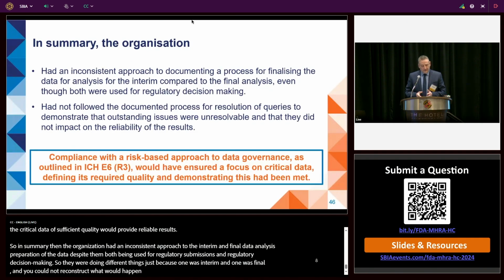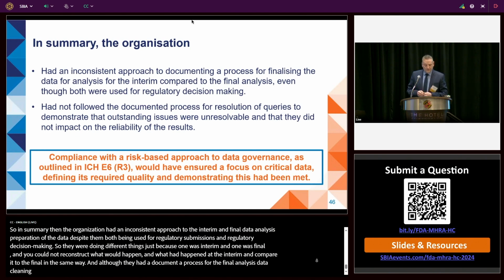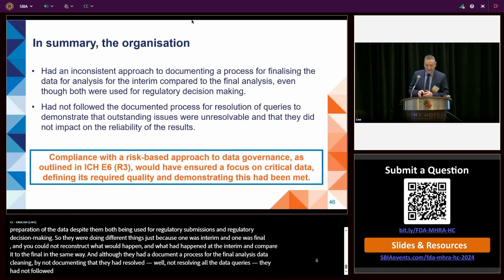And although they'd had a documented process for the final analysis data cleaning, by not documenting all that they'd resolved, and not resolving all the data queries, they hadn't followed their own process for that. And thankfully the queries had no impact, but there's no documented review by the sponsor that they didn't have any impact.